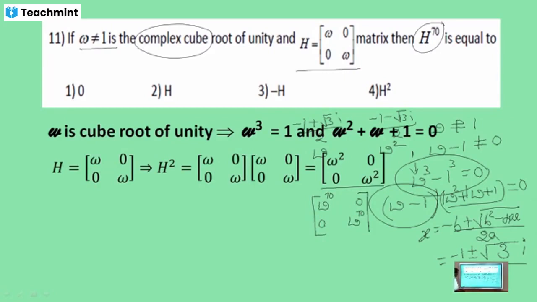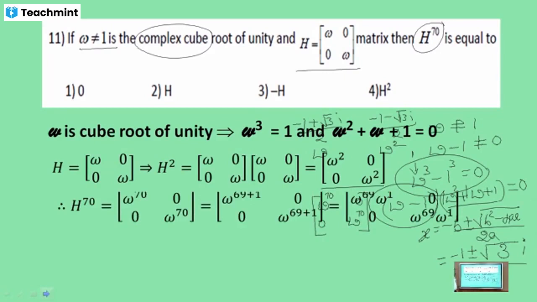Using the law of indices, I will rewrite omega to the power of 70 as 69 plus 1. Why did I write 69? Because we already know omega cube equal to 1. Any multiple of 3 as the power becomes 1 in this case.